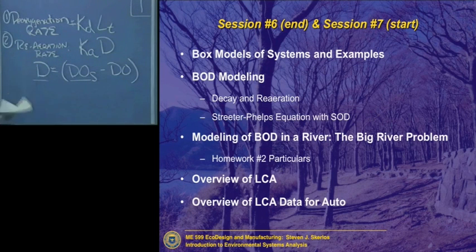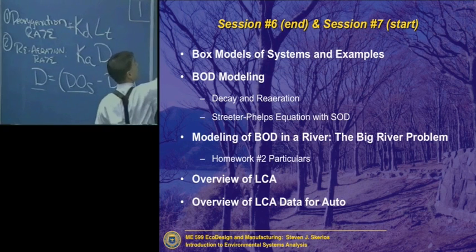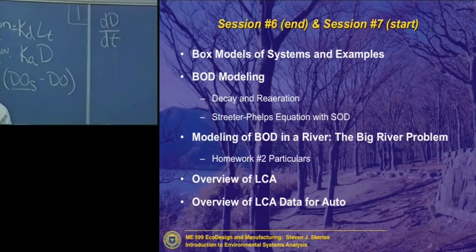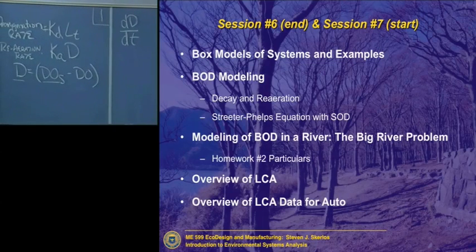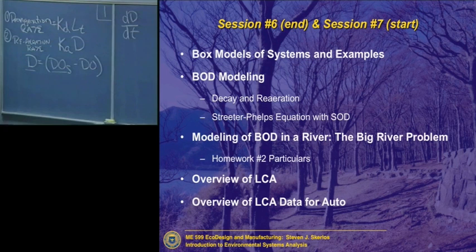Now, how can we express the change in dissolved oxygen deficit per time? Well, that's just simply dD/dt. I'm going to write it dD/dt because that's really what we're interested in: how that deficit's changing as a function of time. We know that there's a rate of deoxygenation. We know there's a rate of reaeration.